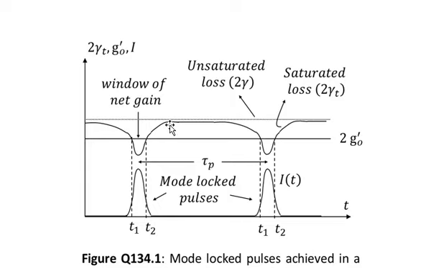For example, you can see this solid line over here, and when the loss is very high, the laser output will be zero, and the laser output will only appear when the loss becomes minimum, and this only happens at the saturation condition of the absorber. So once this pulse passes through the absorber, the relaxation time of the saturable absorber is so short that it will immediately come into the state of unsaturation, and under that condition no pulse will pass.